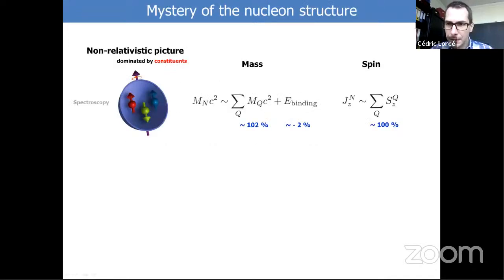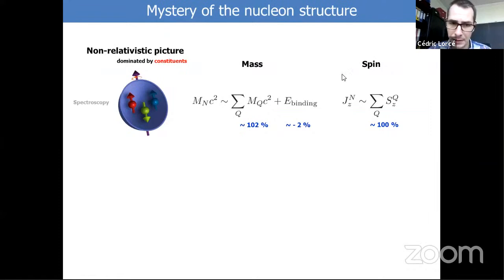So we start just with the picture we have about the structure of the proton. When you look at the spectroscopy of hadrons, for several decades people noticed that almost all the hadrons can be described in terms of a small finite number of constituents that we call constituent quarks.